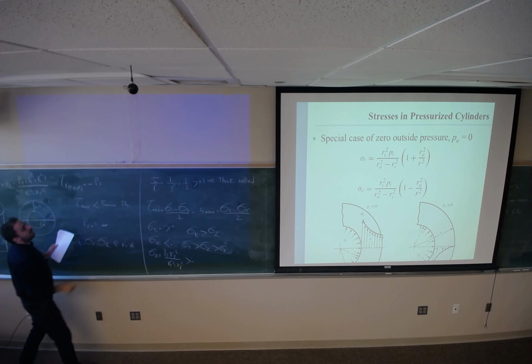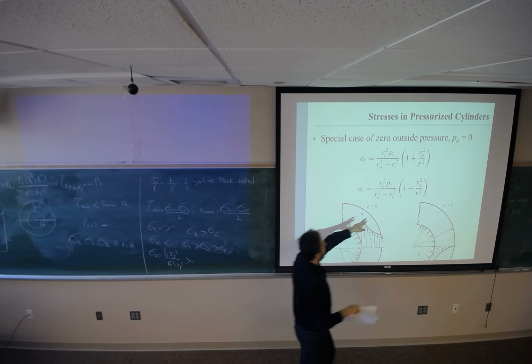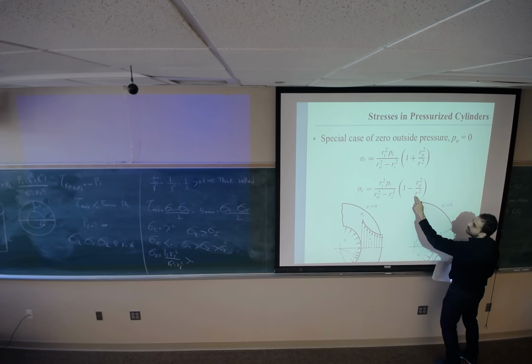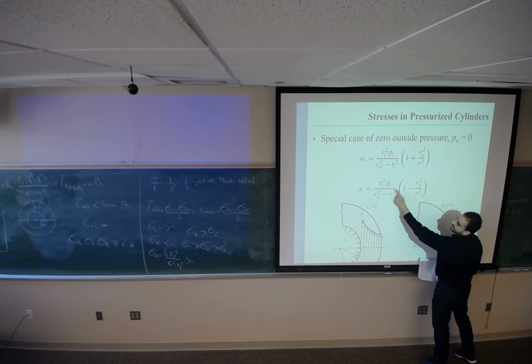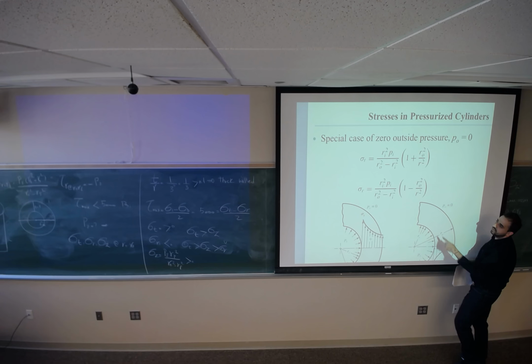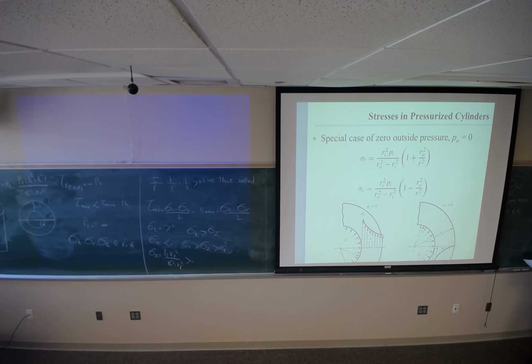If you plug in r equals Ri, Ri squared minus Ri squared cancels out with the negative, so what is left is negative Pi.